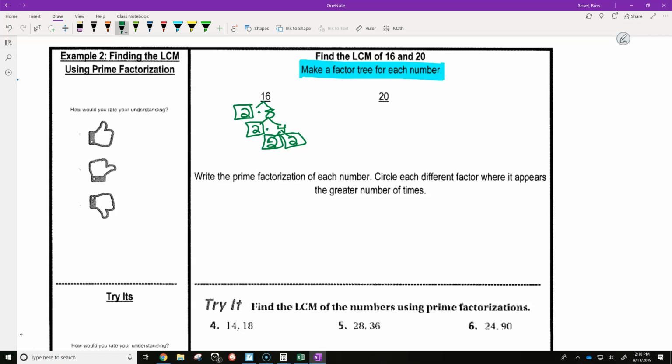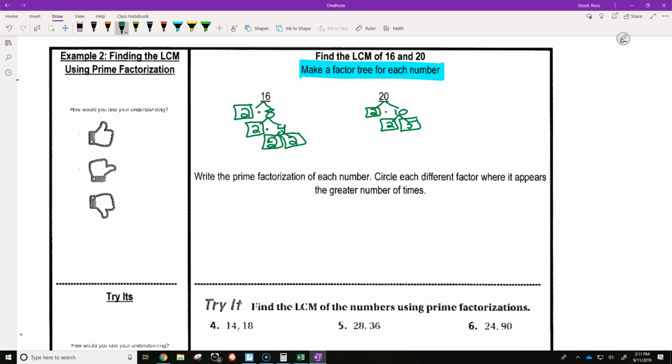I'm going to be marking this off for you. For 20, I'm saying 2 times 10, 2 times 5, and they are both prime. Okay, so that is all I have to do on the very first step. I just make a factor tree of my two numbers.